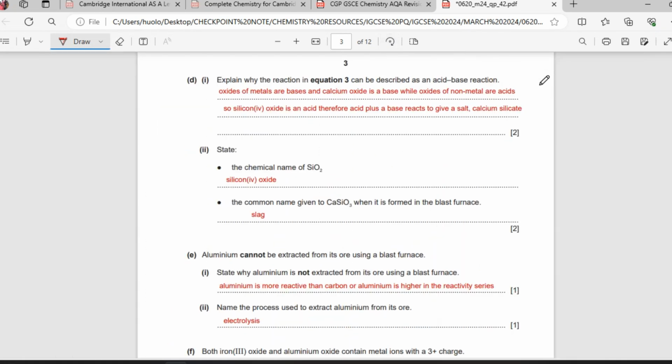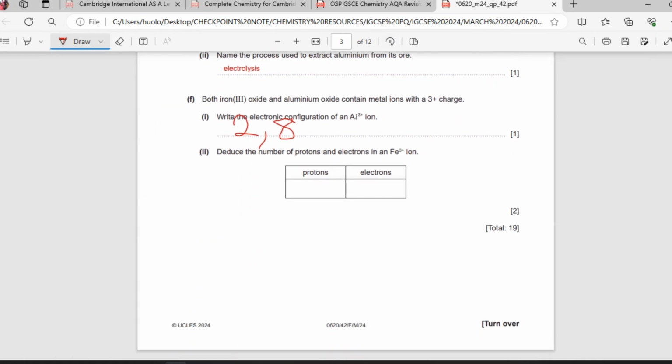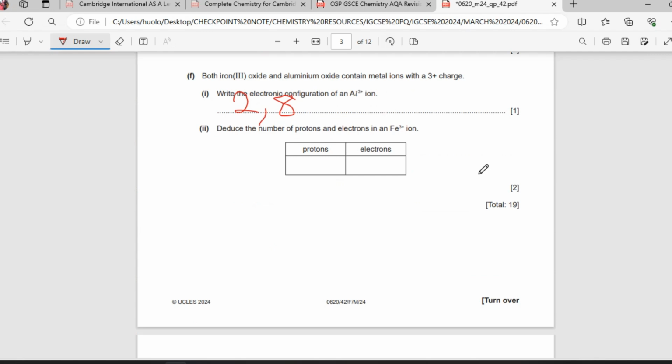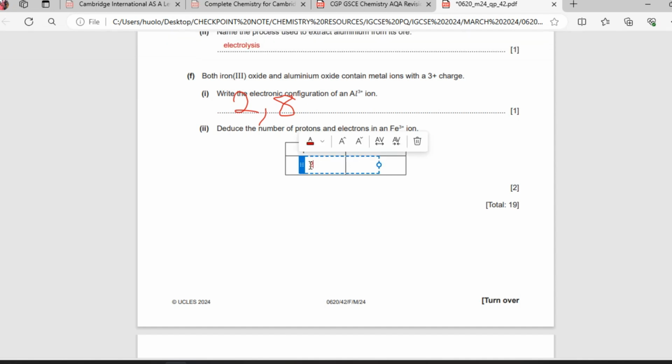Number of protons, obviously 26, as we have seen from the periodic table. Then we look at the number of electrons. It has lost 3 electrons, so minus 3 electrons. 26 minus 3, you have 23. Okay, so you've done a great job.